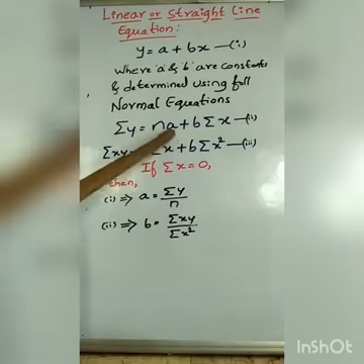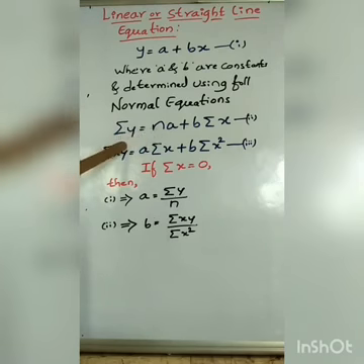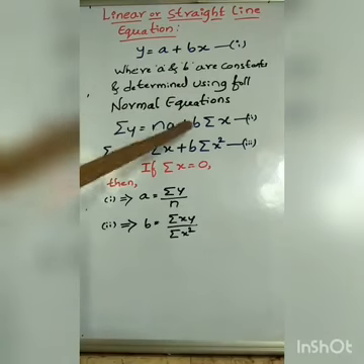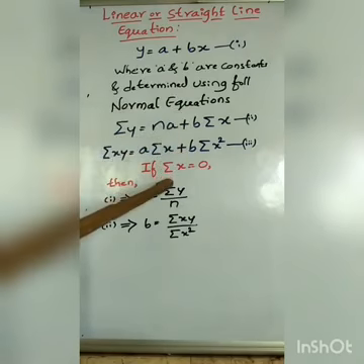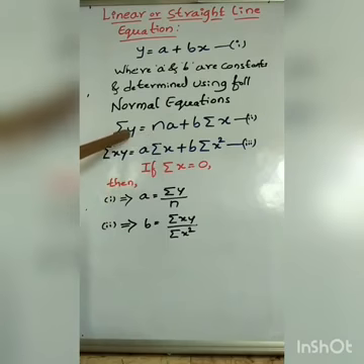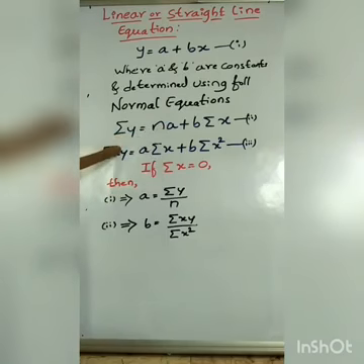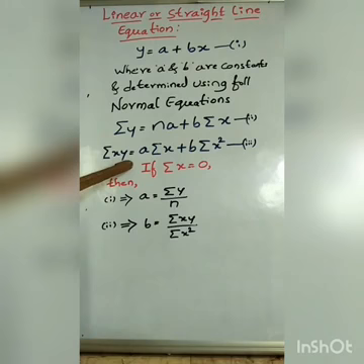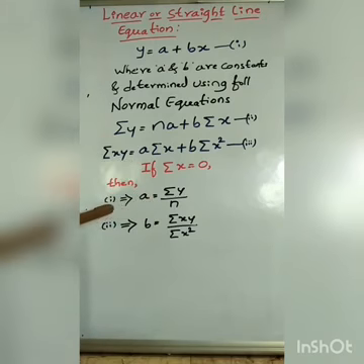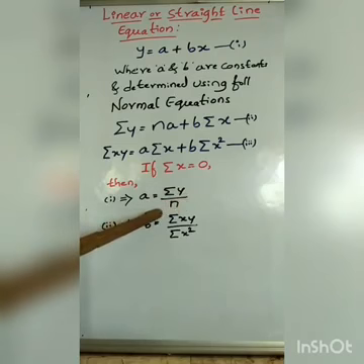So a can be determined: a is equal to summation of y divided by n. In a similar way, we have written here, if sum of x equals 0, then the first equation implies a is equal to summation of y divided by n.